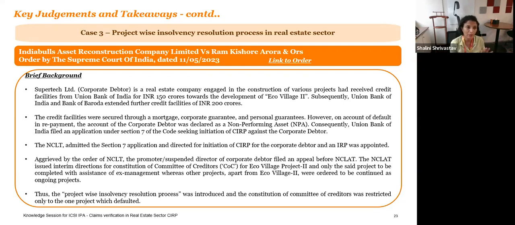Sometimes those projects are in different SPVs, in which case, company-wise CIRP, if it is done, then each company will have only one project, and there is no complication or interplay of different projects, different home buyer associations, different lenders, etc. But there are situations wherein the builder is implementing multiple projects in the same company, and each of these projects is at a different stage of progress, at a different stage of execution.